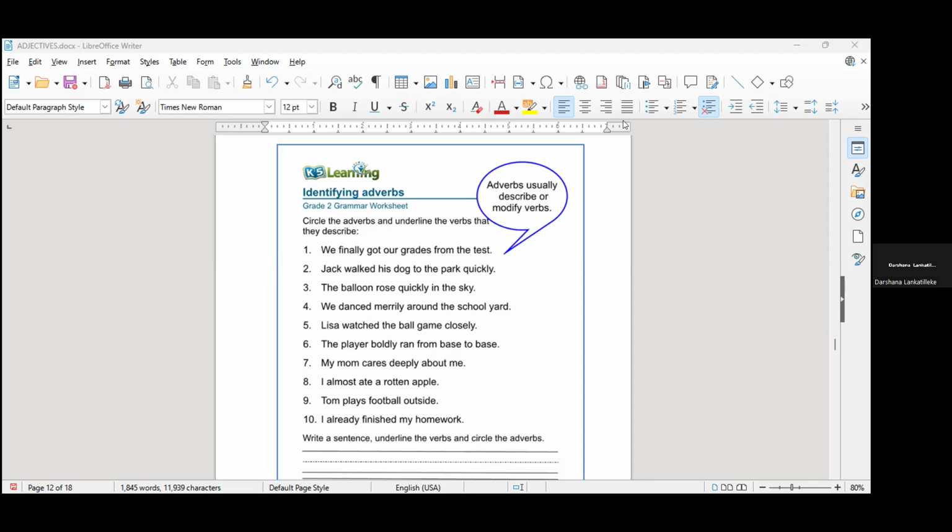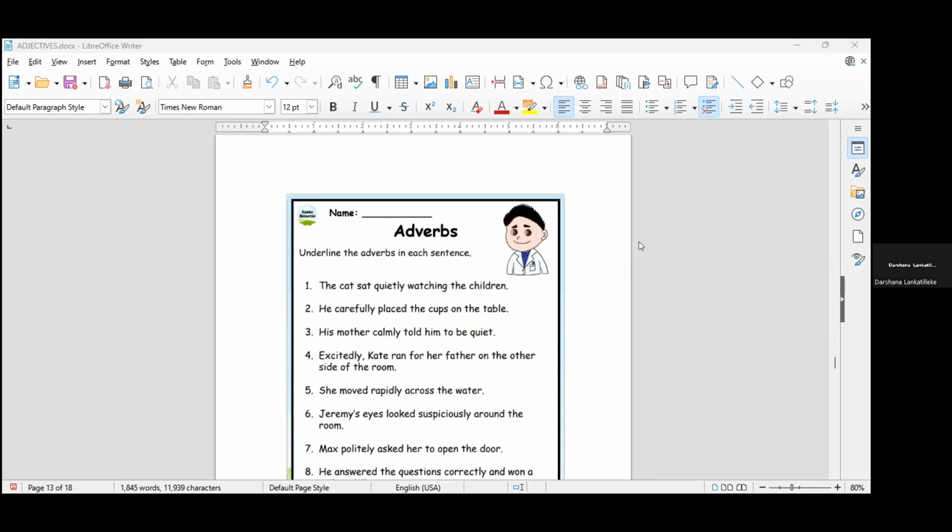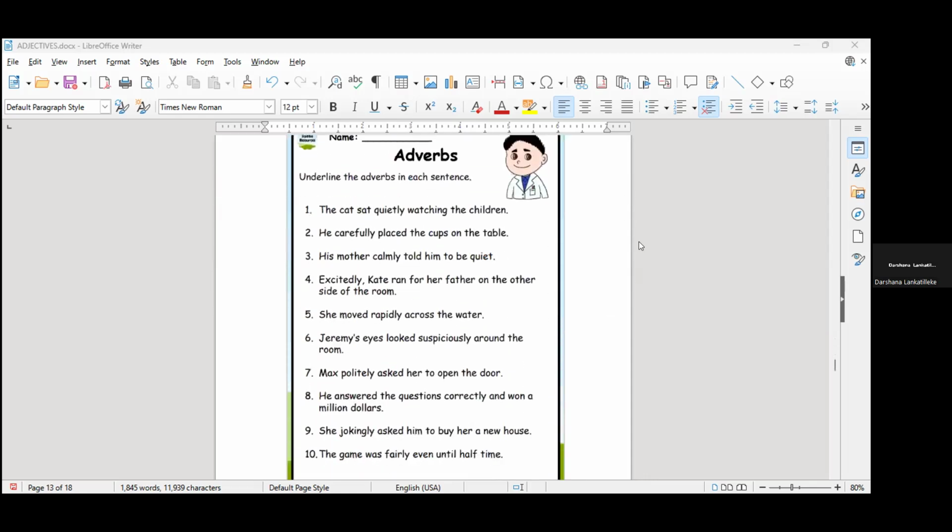Right, good. Then I give you another one. What we have to do is underline the adverb in each sentence. Again, there are 10. That is also easy, right? Just type the adverbs and send in chat when we have finished. I give you a few minutes.